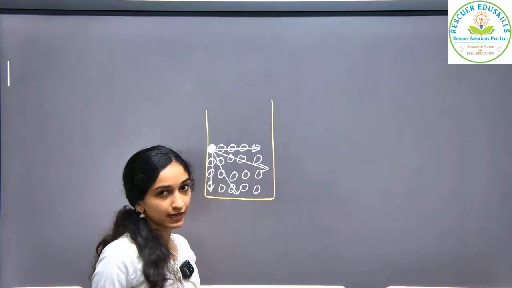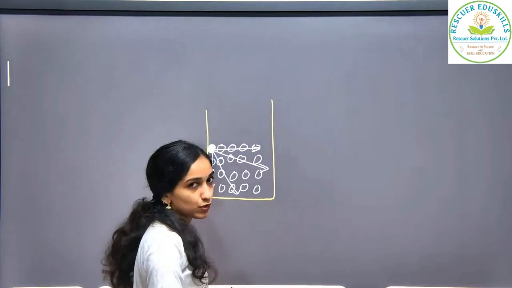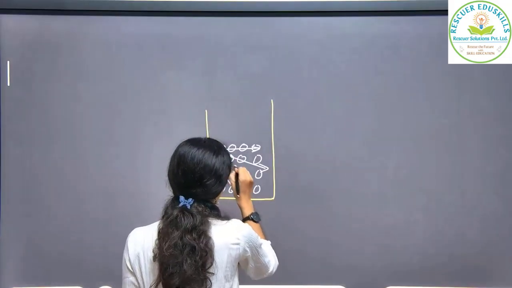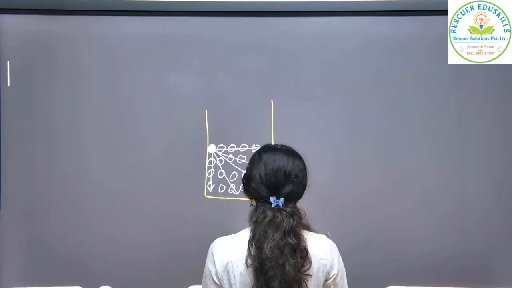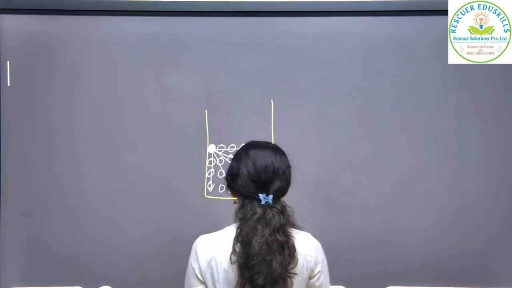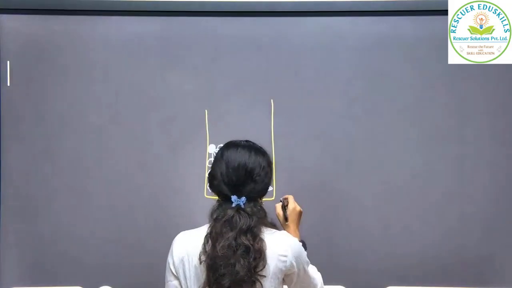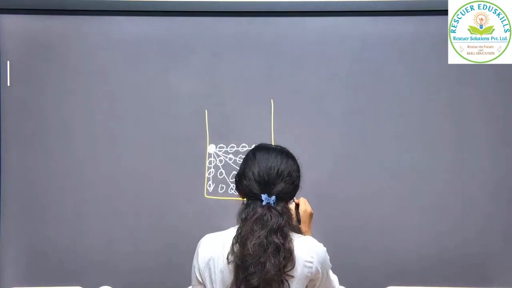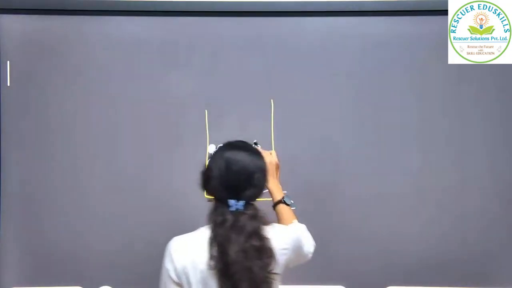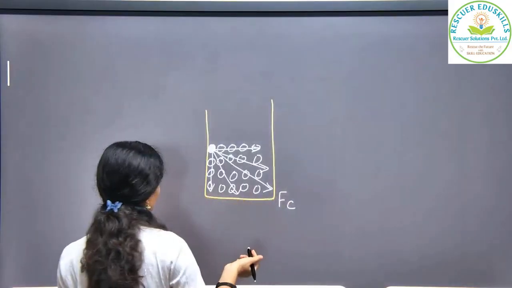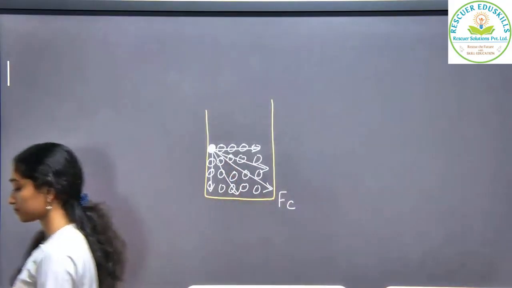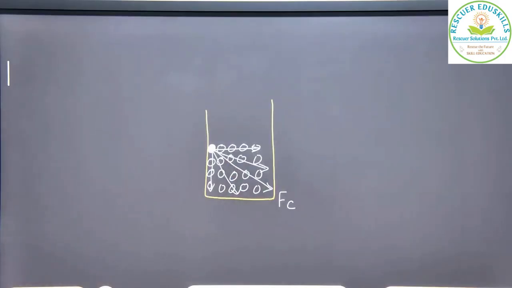So where will the net cohesive force be? It will be in between, right? The net cohesive force will be in between all of these forces. So this is the net cohesive force which will be applied.